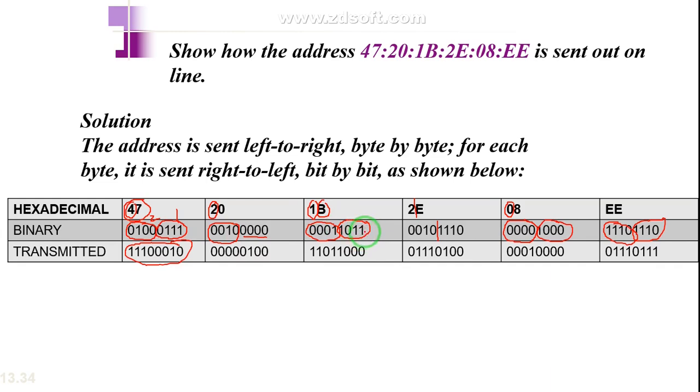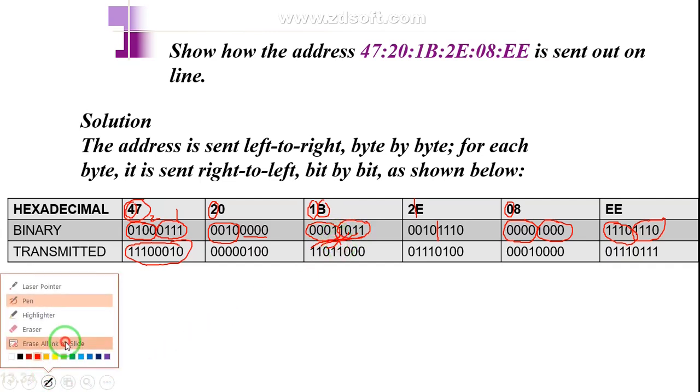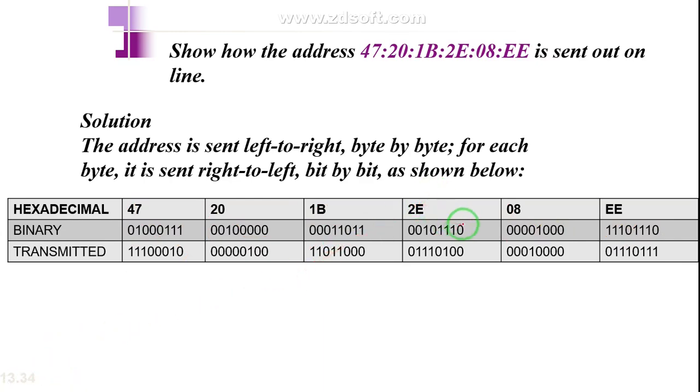From this byte, the first bit sent is 1, then this one, 0, this one, then 1s, 000, like this. Similarly, first we transmit this 0, then this 1, this 1. It means all these 1s, then this 0, this 1, then these two zeros.